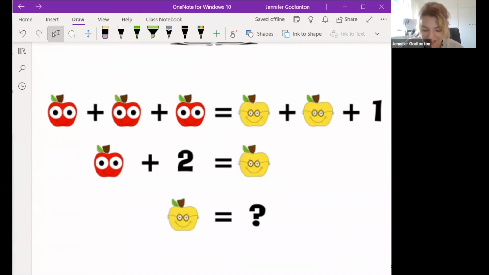Just think about it in the same way you thought about the one on Tuesday. It's not 3.